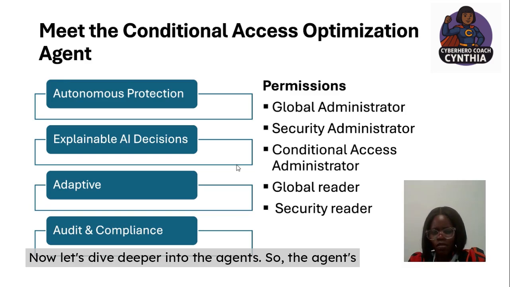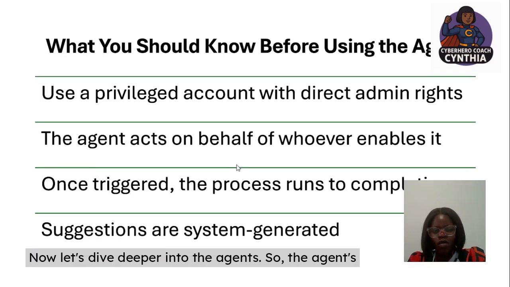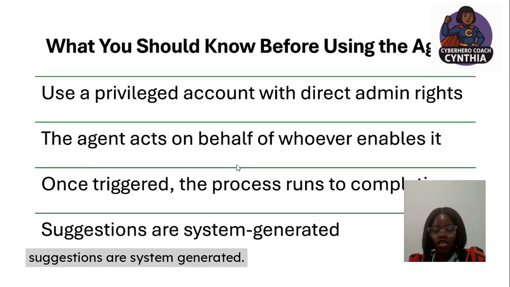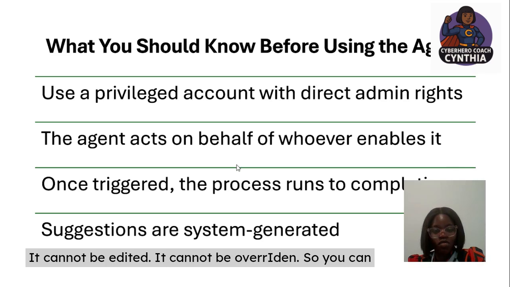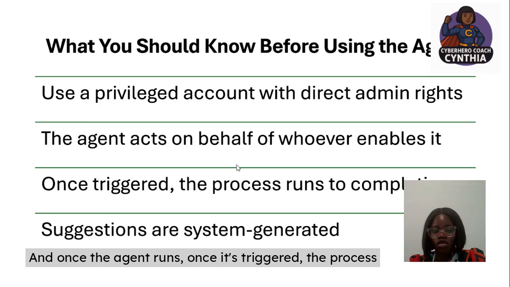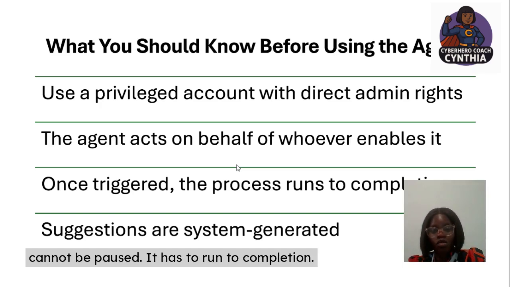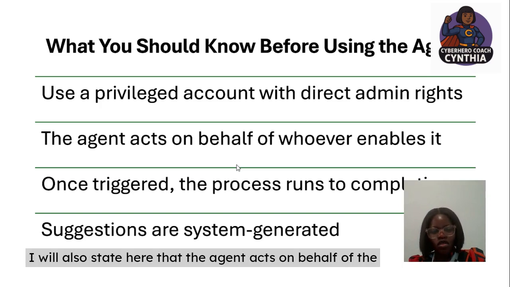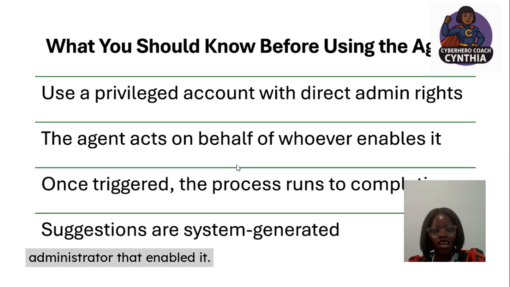Now let's dive deeper into the agent. The agent suggestions are system generated. They cannot be edited or overridden, so you can only act on them or dismiss the suggestions. And once the agent is triggered, the process cannot be paused. It has to run to completion. I will also state here that the agent acts on behalf of the identity and permissions of the administrator that enabled it.